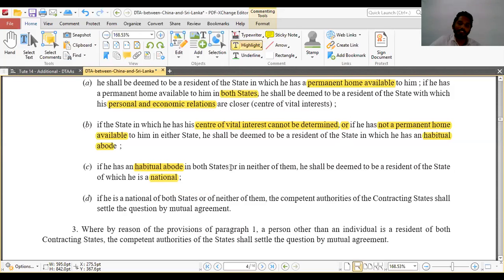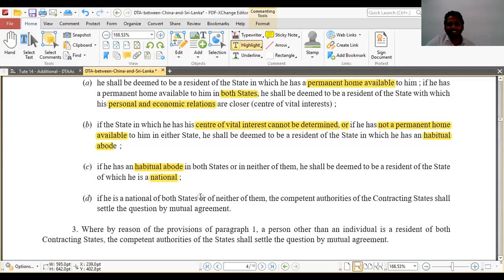That means Sri Lankan or Chinese, right? Whether he has citizenship here or maybe Indian or Chinese. So then we go with nationality.